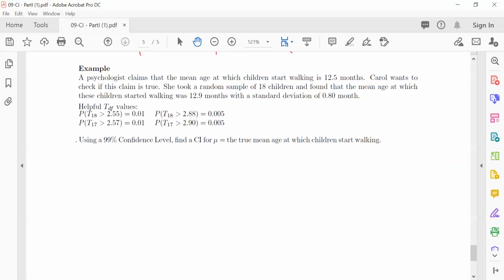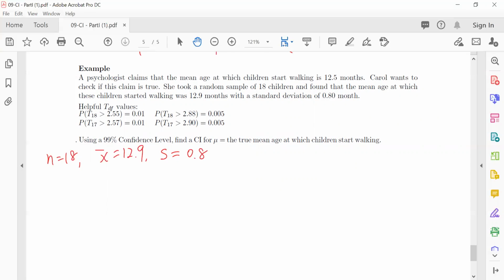So in this example, we claim that the mean age at which children start walking is 12.5. Now this person, Carol, collected a sample. Sample size n equals 18, the sample mean is 12.9, and the sample standard deviation is 0.8.